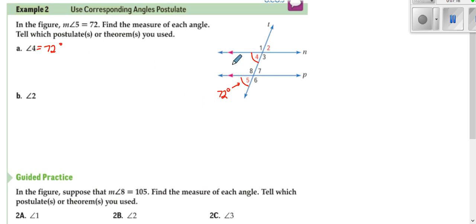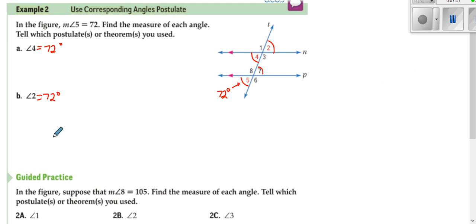If angle 5 is 72, now angle 5 and angle 2 are alternate exterior angles, right? Alternate exterior angles were congruent, if you look back in your notes. So that means that 2 would also equal 72 degrees. Okay? In fact, there's one more angle that would equal 72, and that would be angle 7.